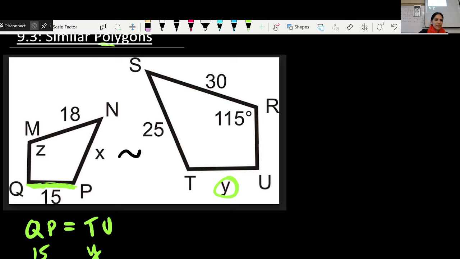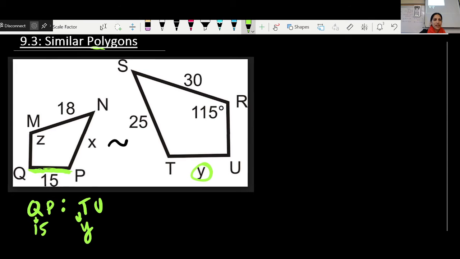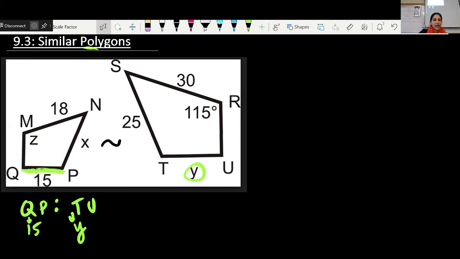Well, actually, I'm not going to say equal to, but I'm going to do this to show you which ones match up with which one, right? If we want to use the measurements here, knowing that they're similar polygons, to set up a ratio to determine what the calculations would be, I could set this up to say 15 over y.